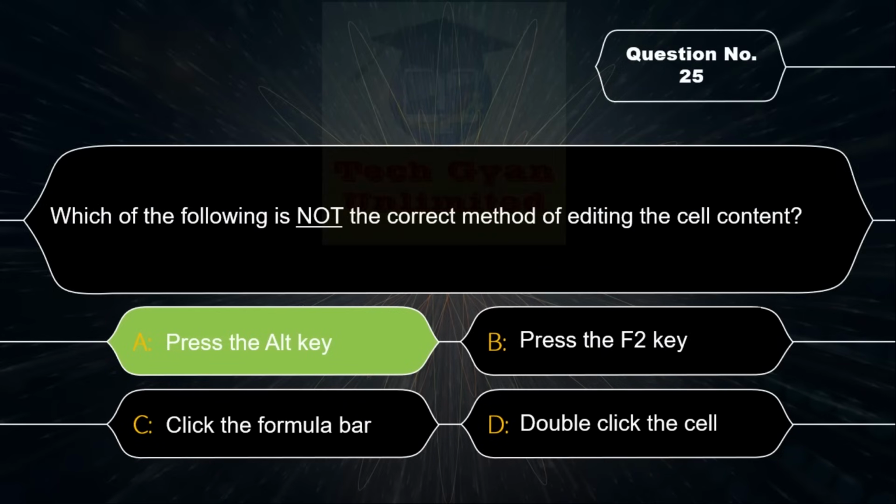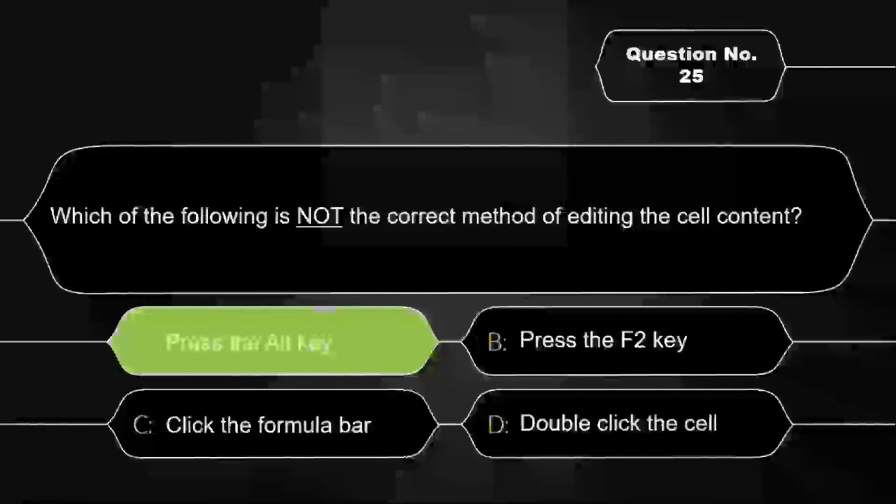Correct answer is option A, press the Alt key. We cannot edit the cell content by pressing the Alt key, and all the other answers are correct, with which we can edit the cell content.